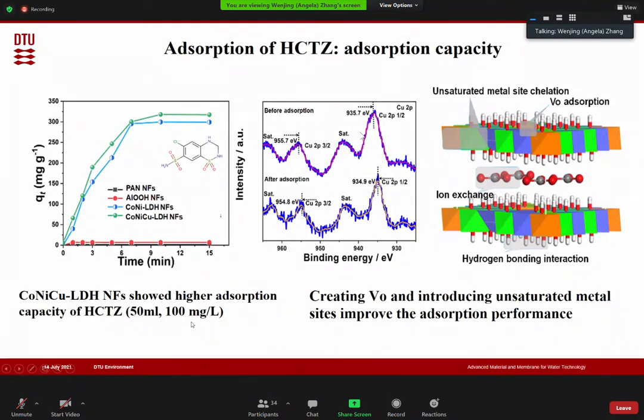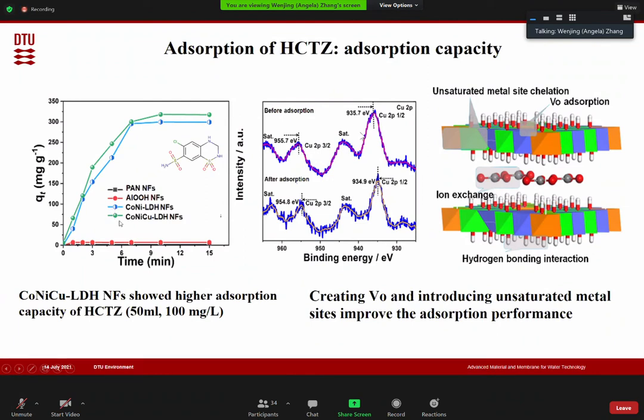With 100 milligrams per liter, we put four kinds of membrane in. With just PAN nanofibers, polymer fibers, or even fibers coated with aluminum hydroxide, you will see no impact on the concentration of the pharmaceutical.